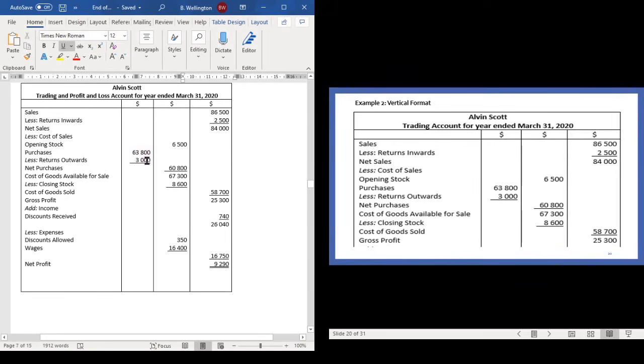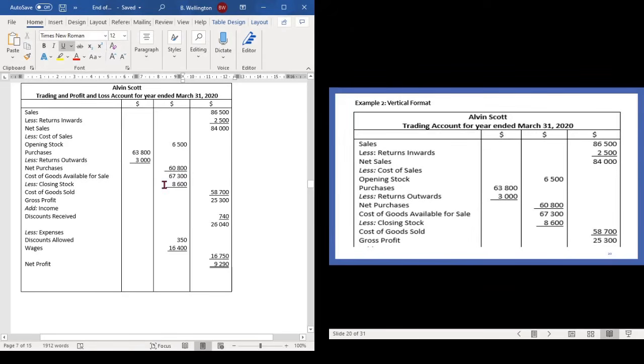But in this case, there's no carriage inwards stated. When you arrive at your net purchases, you want to add it to your opening stock to arrive at the goods you have that are available for sale.